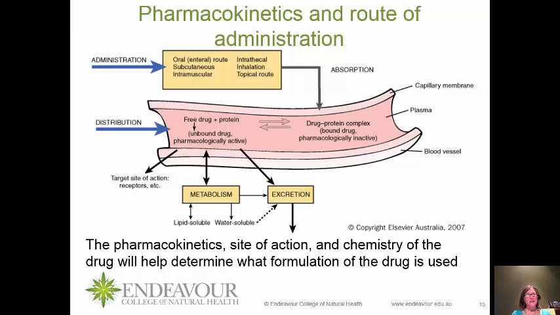Pharmacokinetics is the administration, distribution, metabolism, and ultimate excretion or elimination of that drug. So after administration, absorption, then distribution to many compartments, including the systemic circulation, from that systemic circulation to the target site, but also to other tissues where metabolism and ultimately excretion will occur.